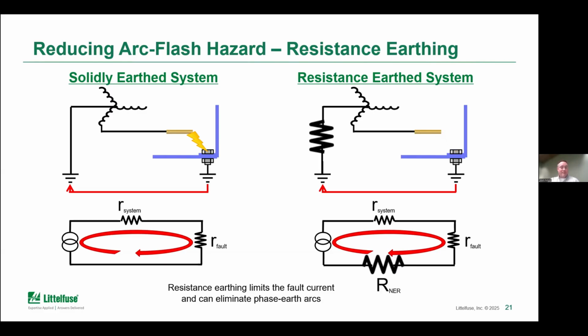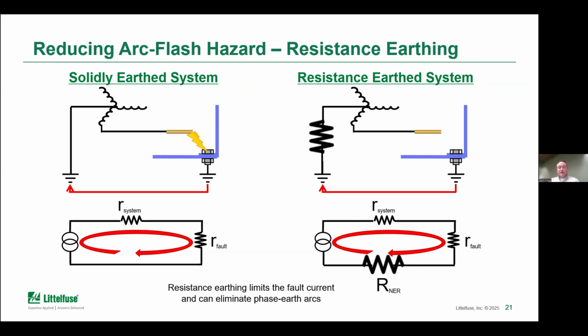So this is something maybe not everybody thinks about, but this is one system design that can contribute to reducing the chance of an arc flash. Now, just to be clear, if you have a phase-to-phase arc flash, the resistor is not going to limit that current.